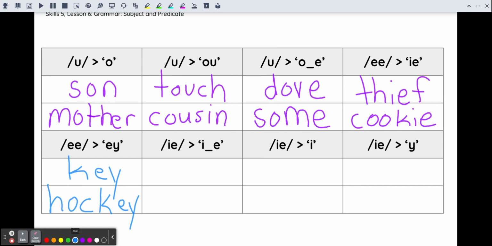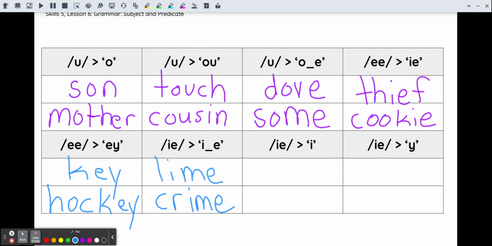Next, we have I word spelled I consonant E. I have the word lime and crime. They also rhyme. You could have did kite.